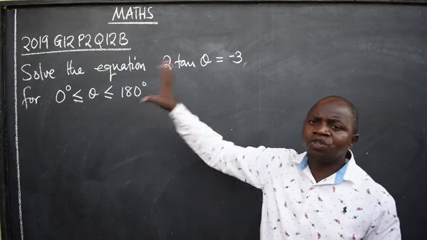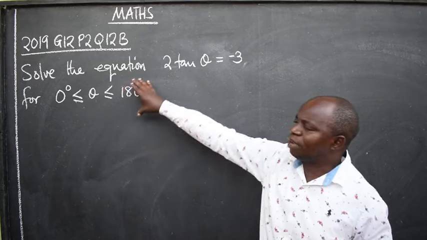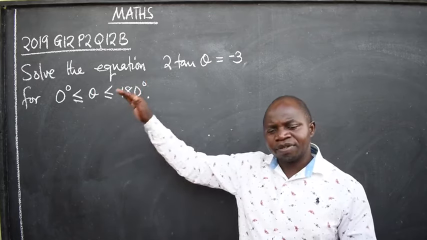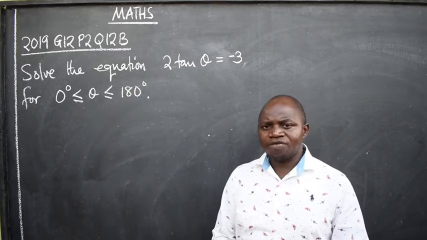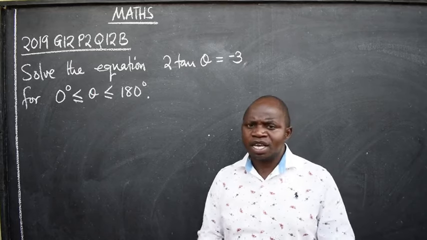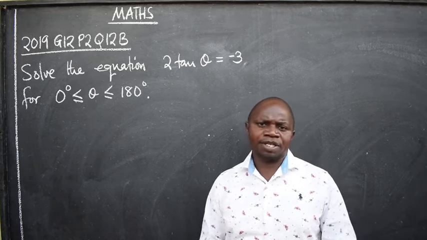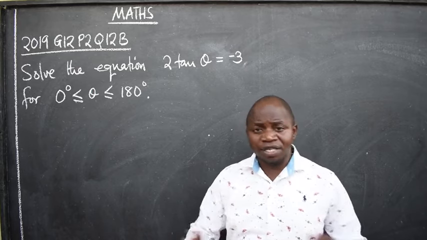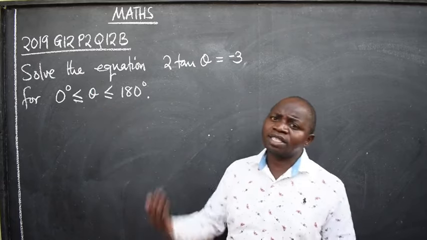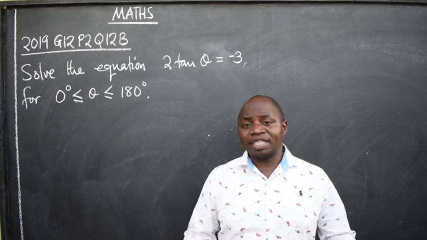This is trigonometry. Now, what type of equation is this? It is coming from trigonometry, therefore, the type of equation is what is called a trigonometric equation. Please don't forget, whenever you are in your exams, identify the topic and also the type of equation that you are dealing with.